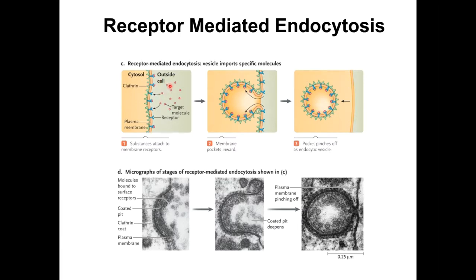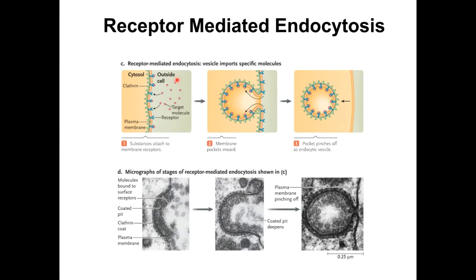So when the molecules are present outside, they will bind to the specific receptors, which then tend to cluster together, also with the help of a protein under the membrane named clathrin. And this will ultimately cause the invagination of the membrane, as in pinocytosis. You can see it here as well. This is clathrin. These are the molecules bound to the receptor. And the formation of a vesicle. So in this case, you have the formation of a vesicle which is triggered by the presence of a specific molecule.